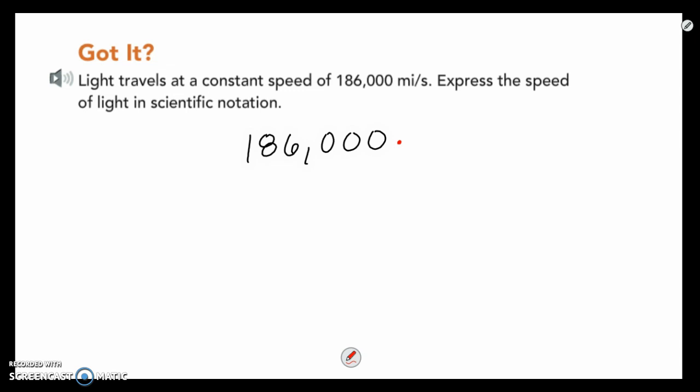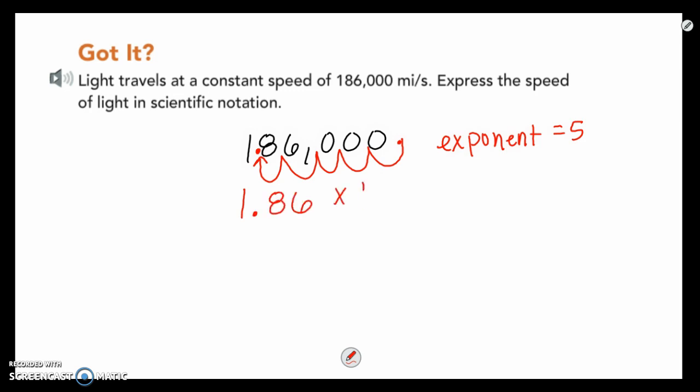That means we need a number greater than or equal to 1 but less than 10, so we have to put our decimal between the 1 and the 8. So we moved our decimal 1, 2, 3, 4, 5 places, so we're going to have an exponent of 5. To write this in scientific notation, that would be 1.86 times 10 to the 5th power.